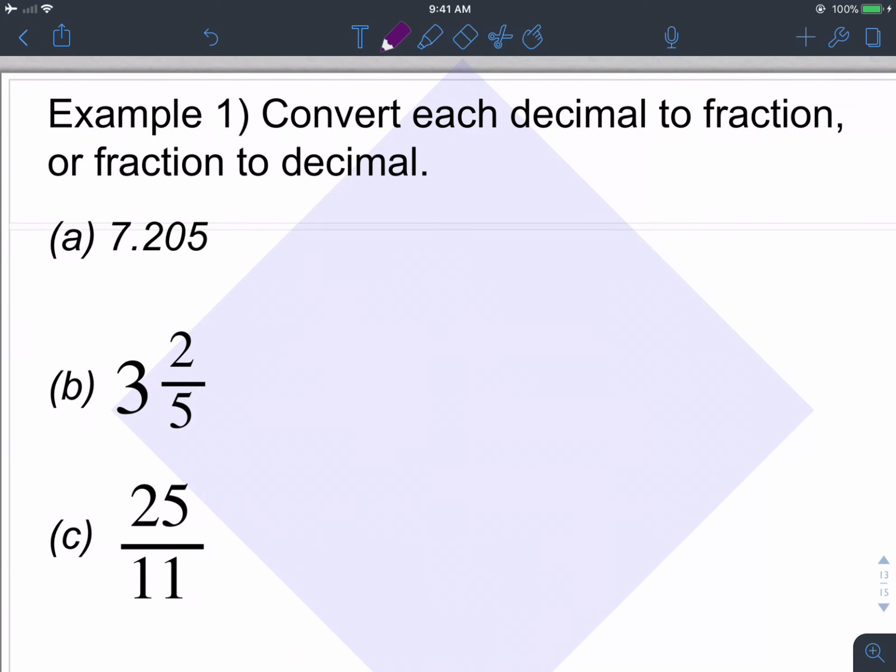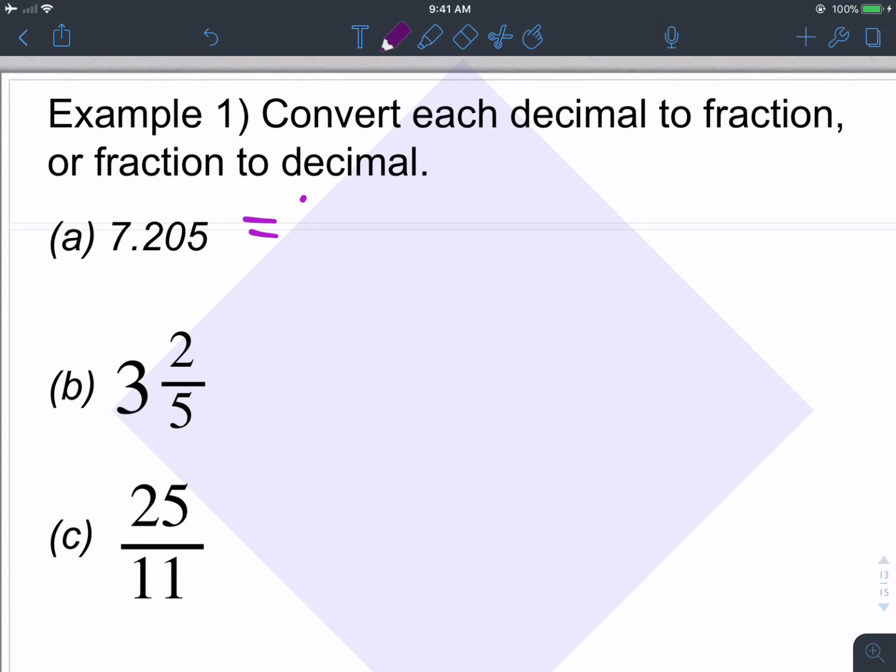Now these are different because there's a whole number. 7.205. Two different ways to look at it. The first one is to just follow the same rule. How many decimals are there in 7.205? 3. So put it over 1,000.